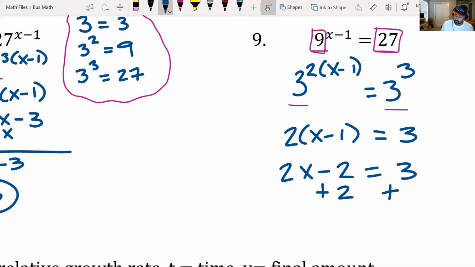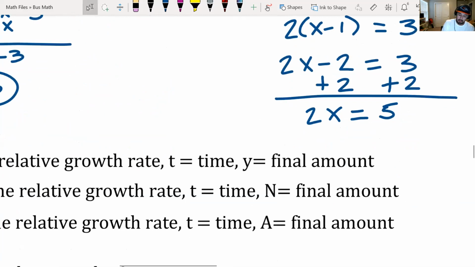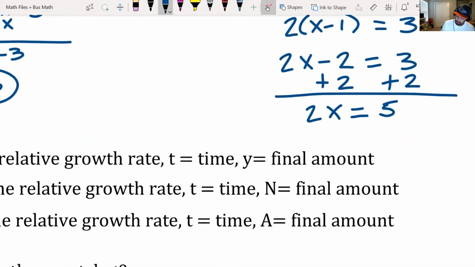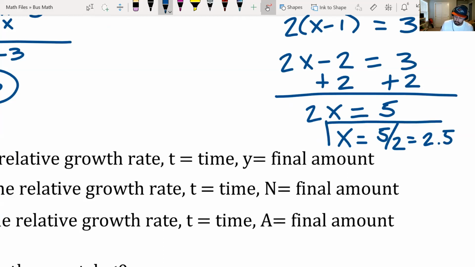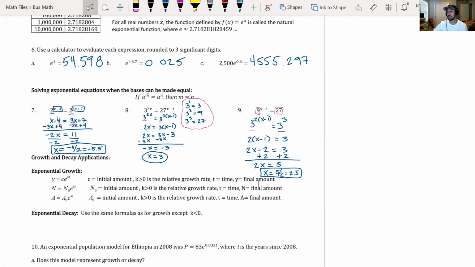Plus 2 plus 2, 2x equals 5. Therefore, x equals 5 halves, or 2.5. There you go. That's how you solve exponential equations.